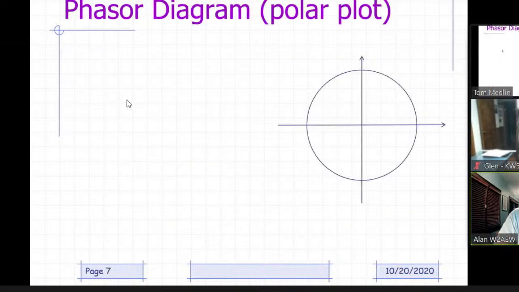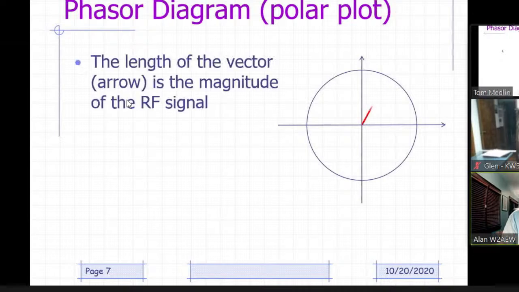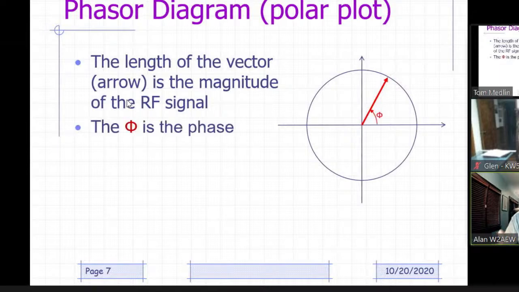Let's talk about the relationship of all this. If you know some of the general or advanced test material, you might have seen this diagram called a phasor diagram or a polar plot, where the length of an arrow, which we'll call a vector, represents the magnitude or amplitude of an RF signal. The angle of that vector off the x-axis is the phase of that signal.